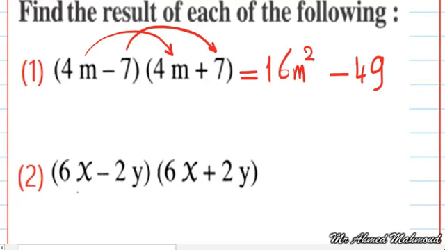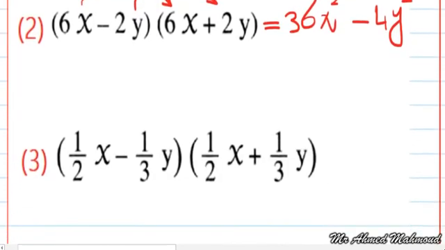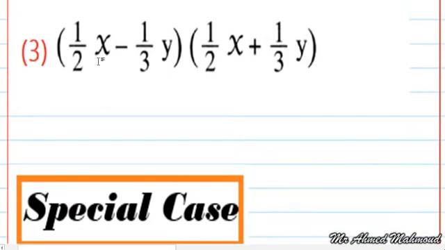Next one, 6x minus 2y, 6x plus 2y, this is a special case. I'm going to multiply first by first, equal 36x to the power of 2, second by second, negative 4y to the power of 2. I think it's very, very easy. The next one, 1 over 2 x minus 1 over 3 y, and 1 over 2 x plus 1 over 3 y, this is a special case.